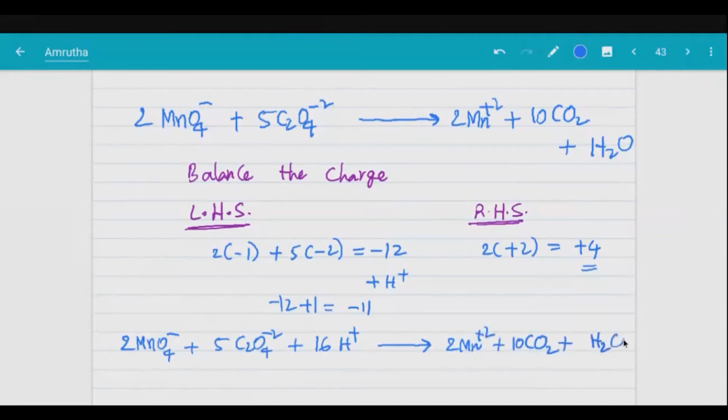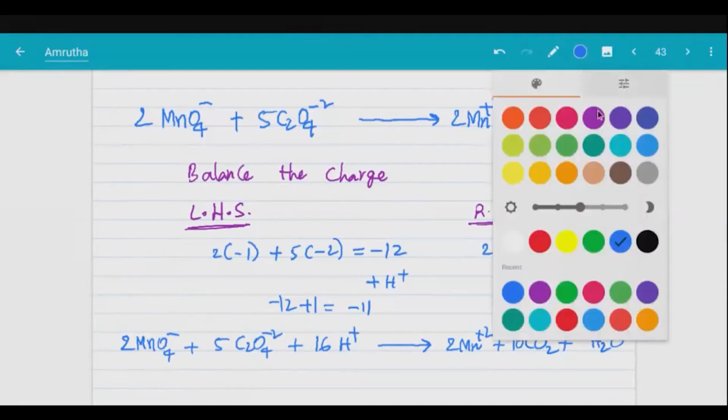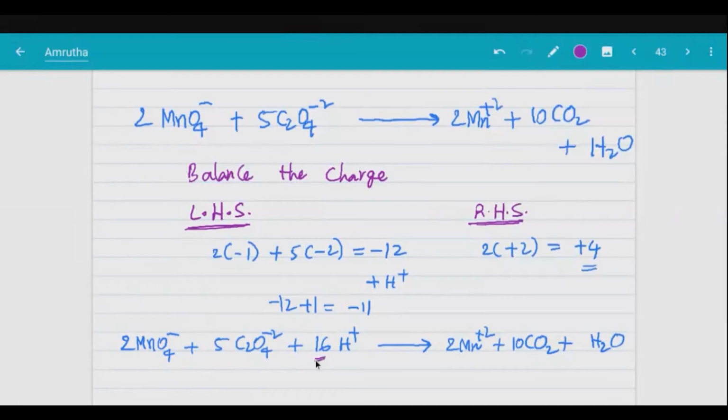Sir, we have not balanced oxygens. Yes, I know. First, balance hydrogens. In a very simple way, oxygens will automatically get balanced. How can we balance hydrogens? The 16 H plus. How many hydrogens? 2 are there.